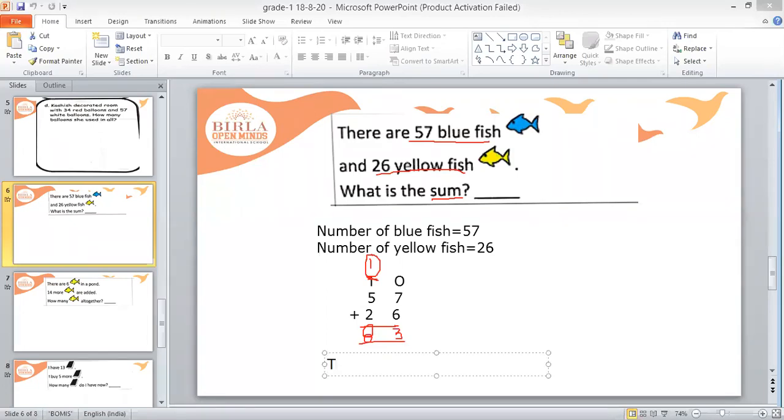Total number of fish equal to 83. Total number of fish equal to 83.